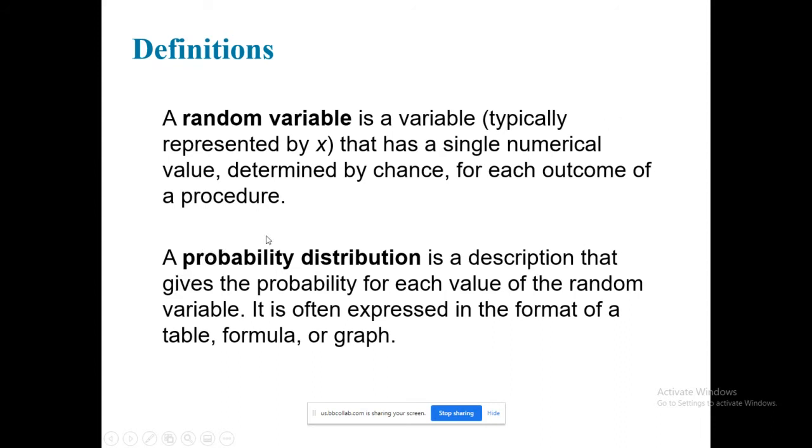A probability distribution is much the same. Okay, they're set up in a table format where we have one column with our random variable, and another column. Previously the other column contained a frequency. In these probability distributions, that second column will contain what's called the probability.